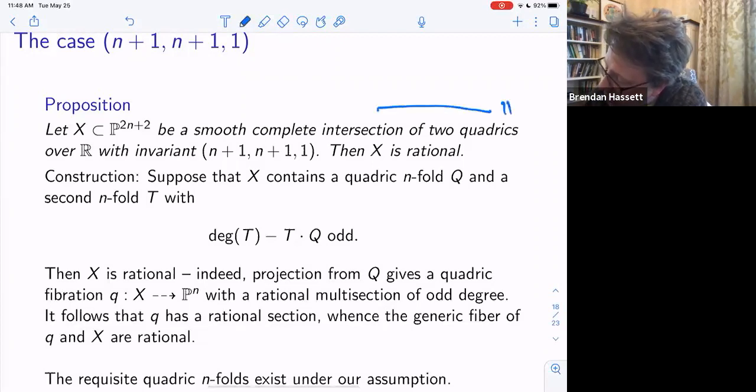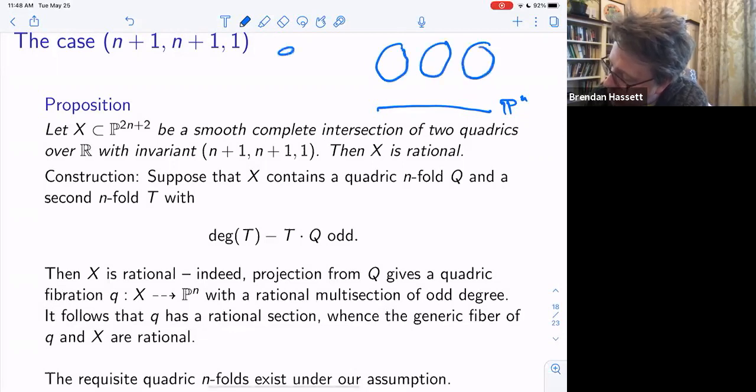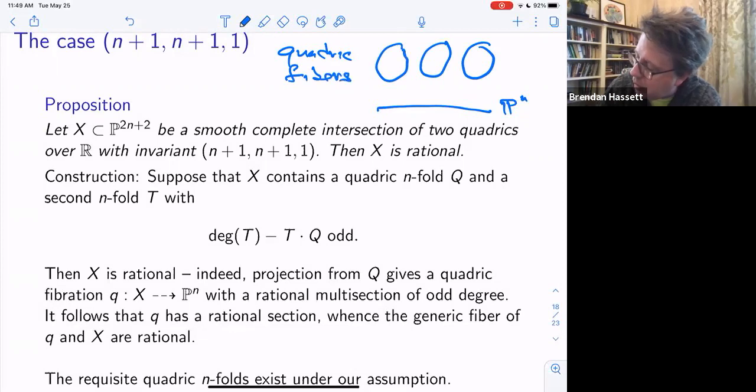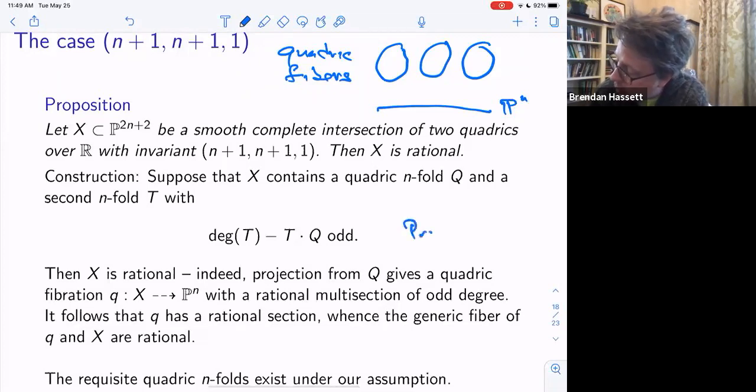So I have a base Pn, and then I have all these quadric fibers. So this is a projection from Q. This is projection from Q.